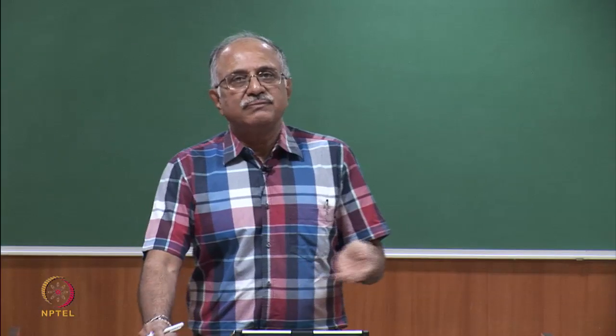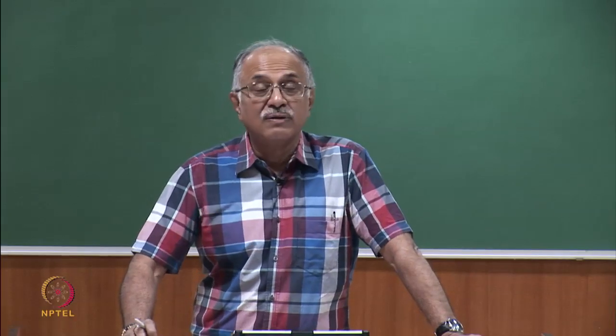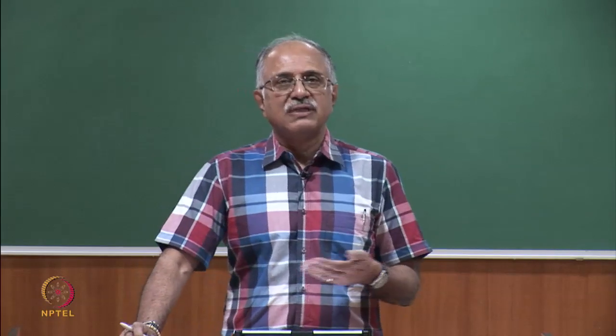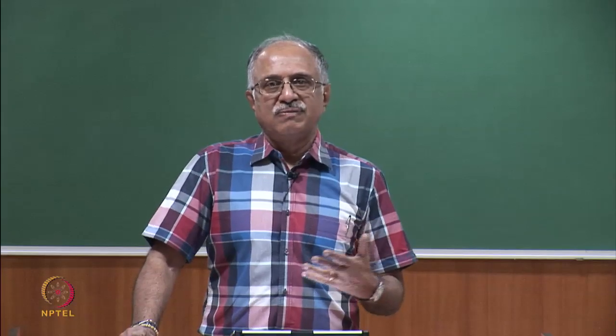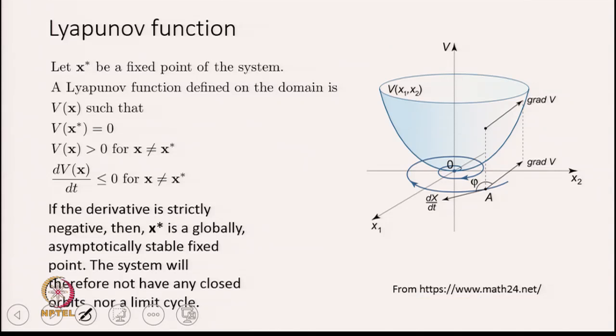The Lyapunov function, and Lyapunov is a name that you will come across quite often in a course on chaos theory or on nonlinear dynamics or dynamical systems. The Lyapunov function was introduced by the Russian mathematician Lyapunov, and basically it is the following. If there is a fixed point of the system, let's call that x star, a Lyapunov function is a function v of x such that at the fixed point v of x star is equal to 0.